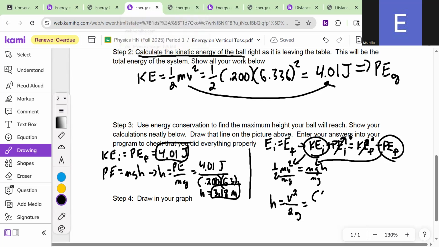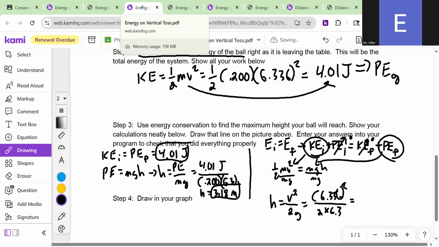So I'll take my 6.336 squared over 2 times 6.3.